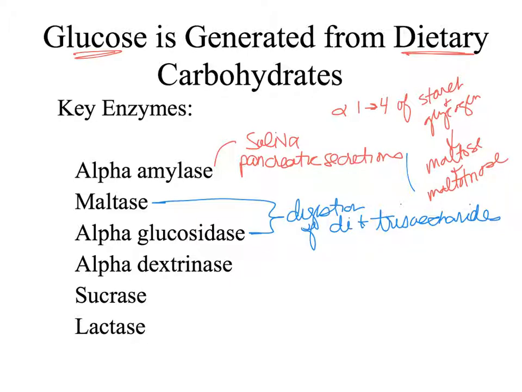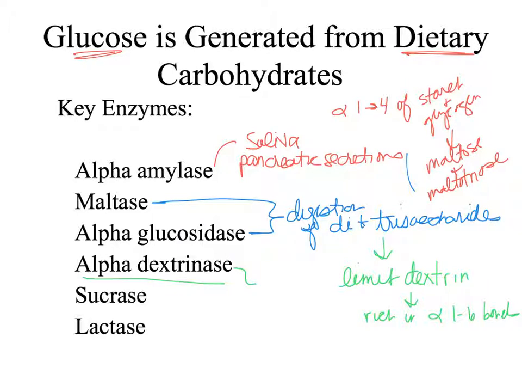Now, at this point, when we have this digestion of these di and trisaccharides, the result of this is going to be the production of what's referred to as limit dextrin. Okay, so this is the molecule that remains after we have our amylase digestion. This limit dextrin is going to be rich in alpha 1,6 bonds. And this alpha dextrinase can actually degrade the limit dextrin.